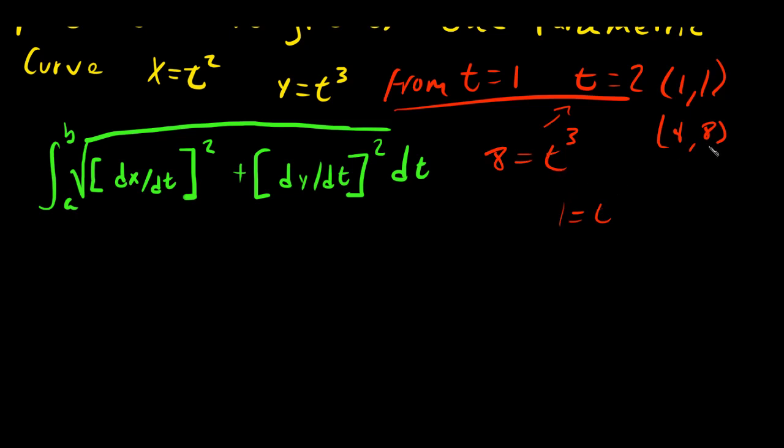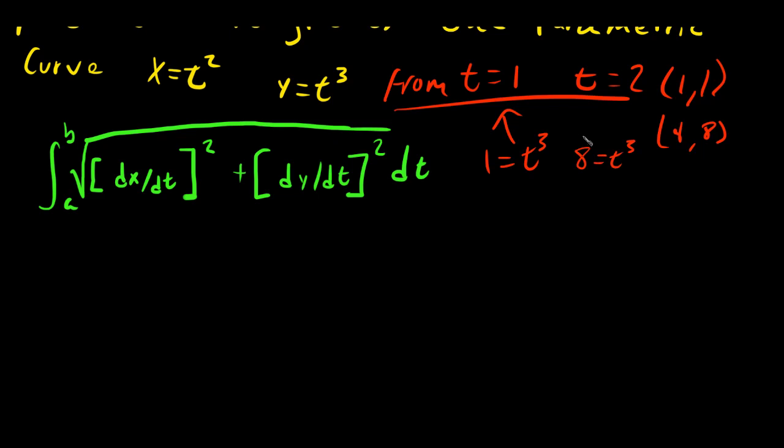You would just set your coordinates equal to the thing. You don't even have to set both, you can set one or the other. For example, I could just use the y and do 1 equals t cubed, which is just 1, and then 8 equals t cubed.